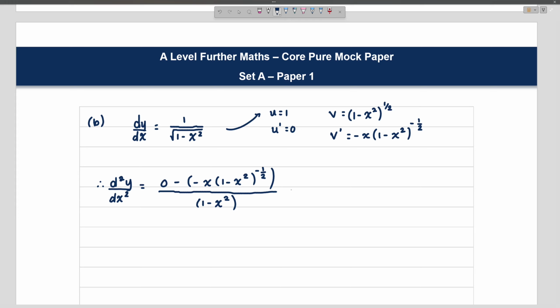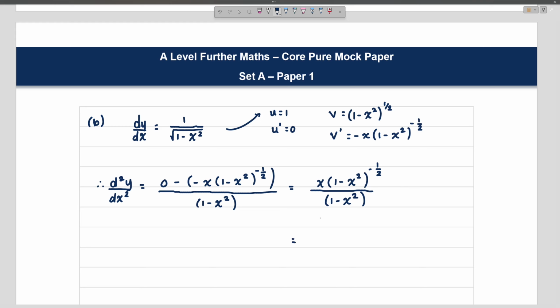So let's just simplify the numerator here. So minus x here, this just all becomes positive for the numerator. So I get x times by 1 minus x squared, all to the power then of minus 1 over 2. And this here is all over 1 minus x squared. Okay, like so there. Now using the laws of indices here, we can just rewrite this ever so slightly.